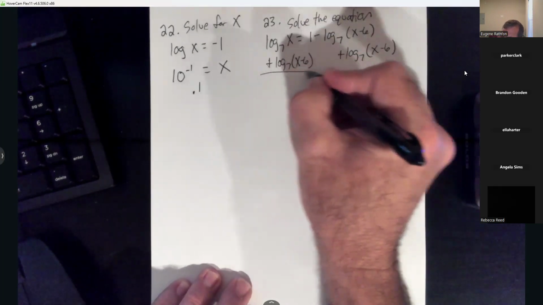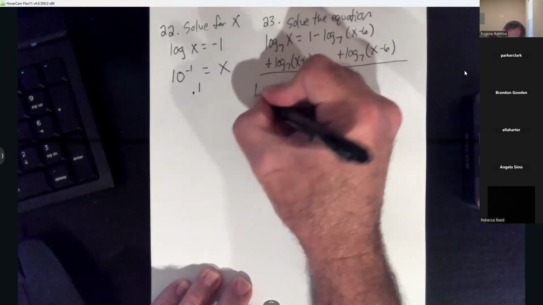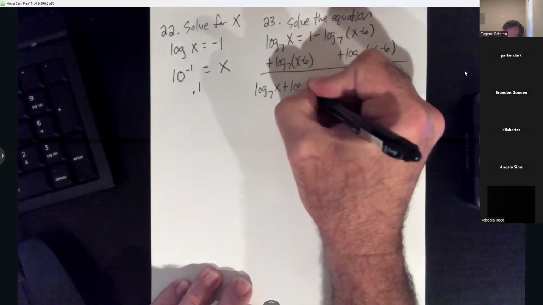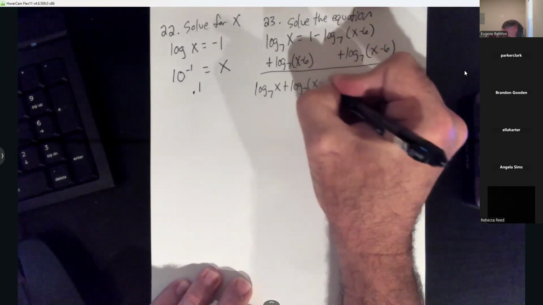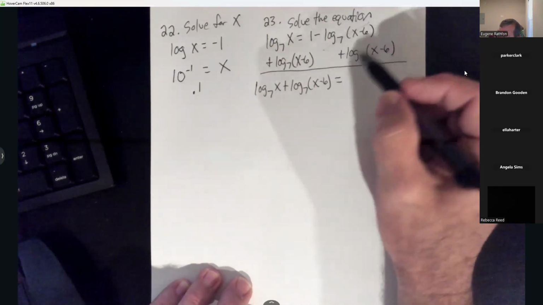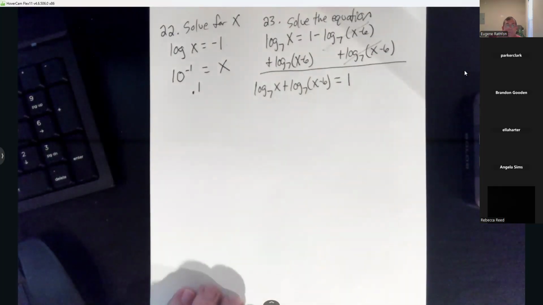Okay, so what's going to happen is on this side, I'll have my log 7 of x plus my log 7 of x minus 6. And since these cancel, all that's left on the right side is a 1.